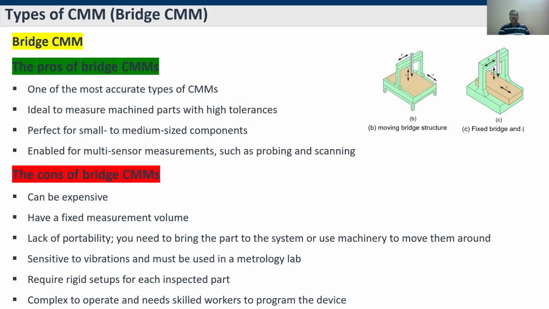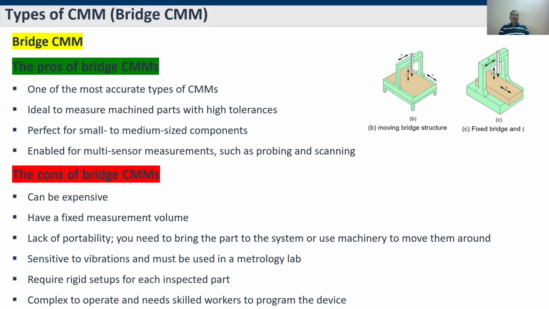It also has benefits and disadvantages, pros and cons. One of the most accurate types of CMM is the bridge type CMM, ideal to measure machined parts with high tolerance. If the component being measured has a high tolerance, we can measure it using a bridge type CMM.